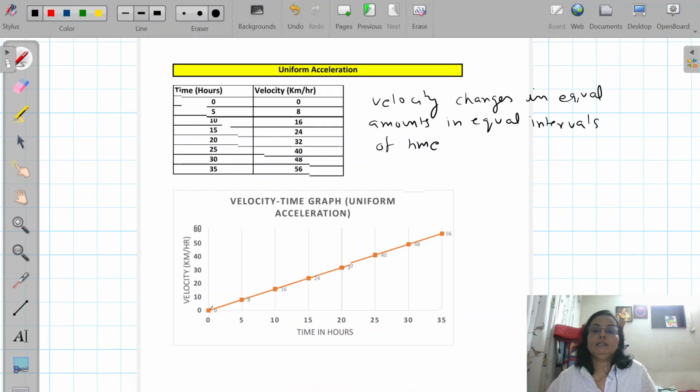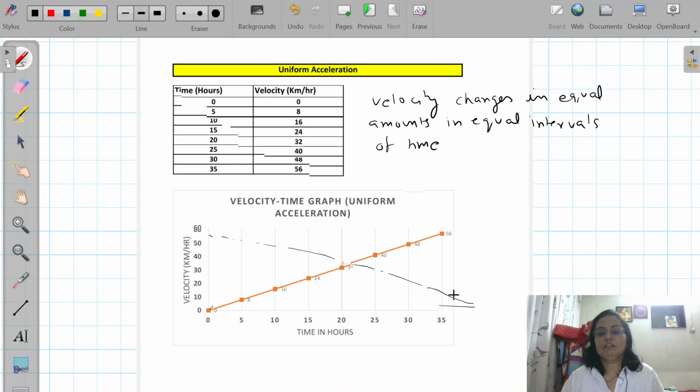But what if the velocity increases with increase in time? We say it is positive acceleration. If the velocity decreases with time, we say it is negative acceleration or retardation. So this is an example of retardation where the velocity of an object is decreasing with respect to time.